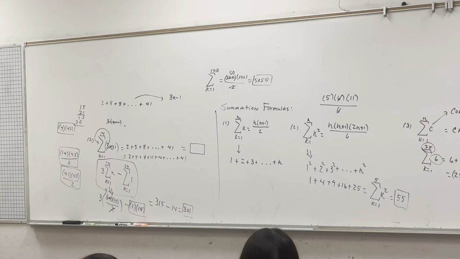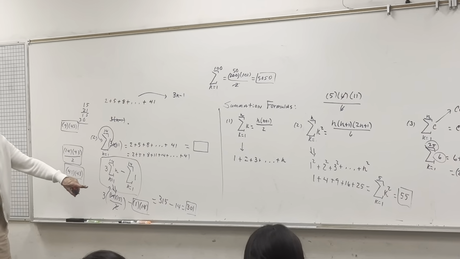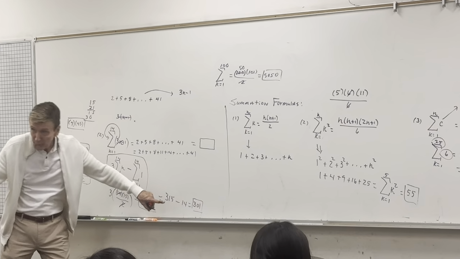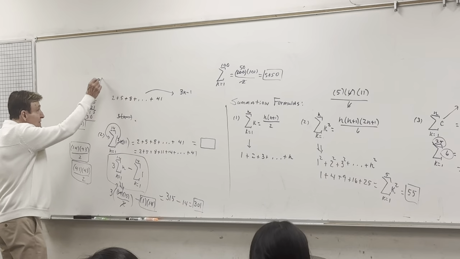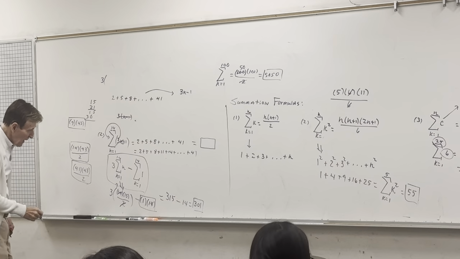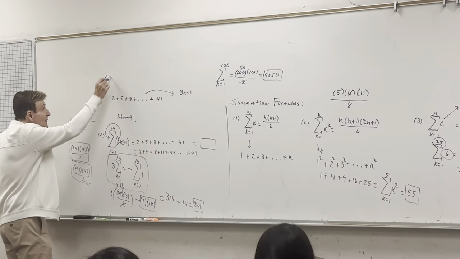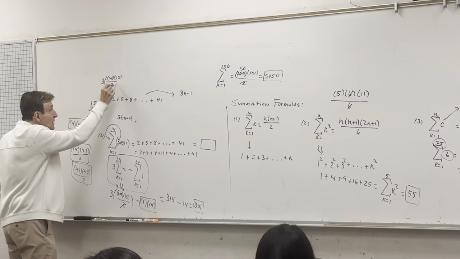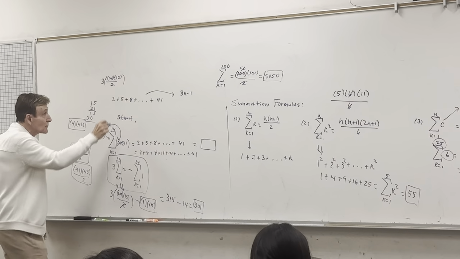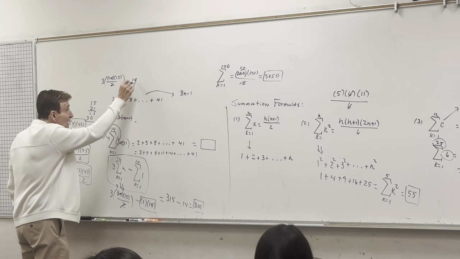He wants to know, as we were guessing, who had it right? You said 301 is the answer. Which one of these was it? It's 14 times 15 over 2, and then subtract 14 down here.